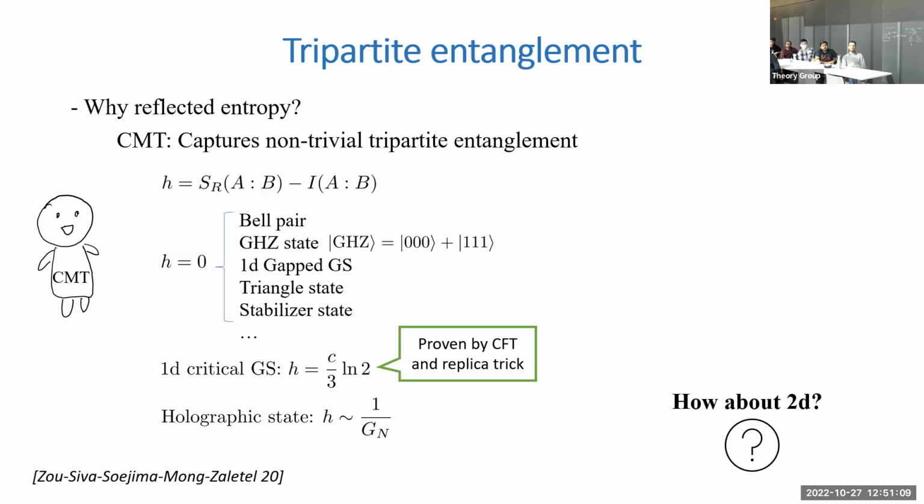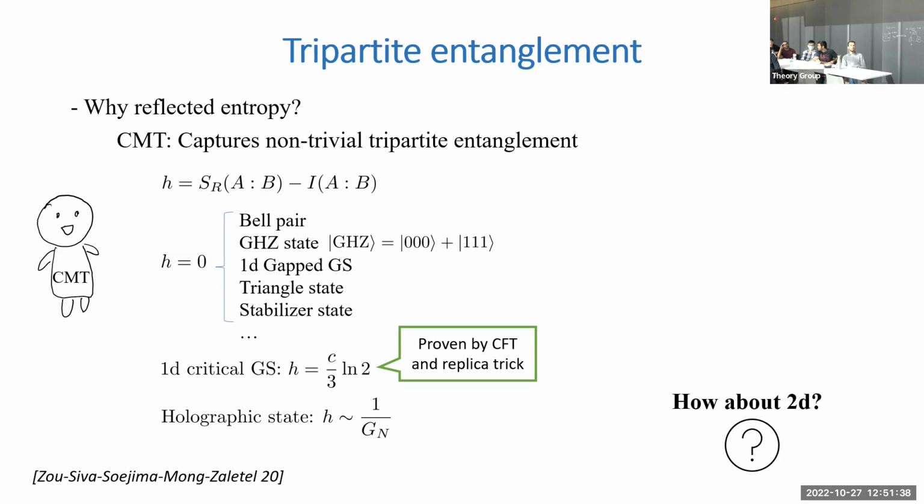And also for stabilizer states, like Clifford circuits, one can also prove that this quantity will be 0. However, suppose you look at the ground state for a one-dimensional critical system, you will actually get a positive quantity.